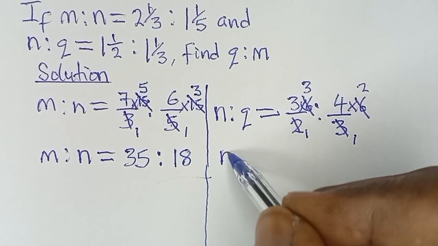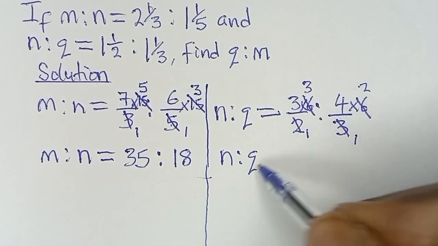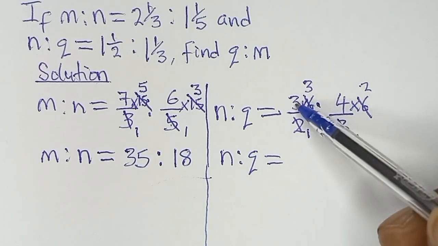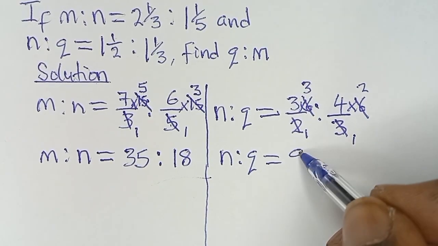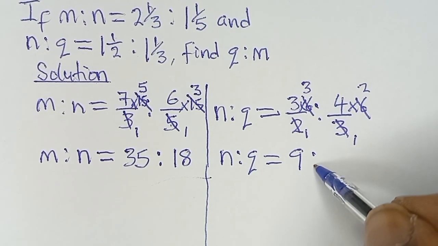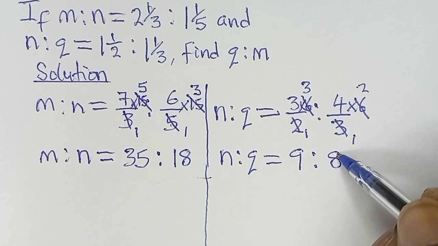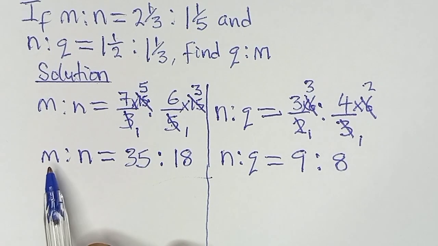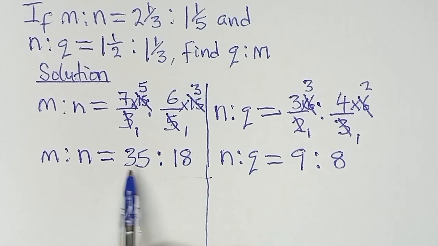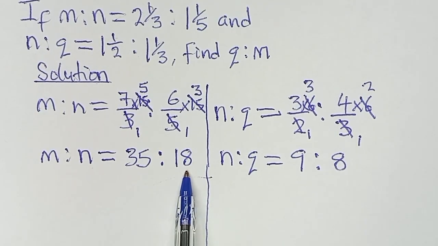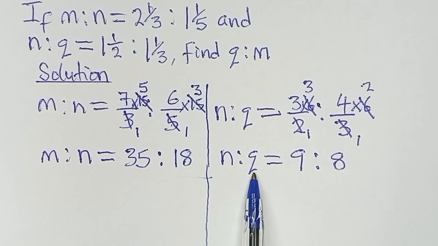So I have my n ratio q as 3 multiplied by 3 is 9, ratio 4 multiplied by 2 is 8. So now I have m is to n as 35 to 18, and n to q as 9 to 8.